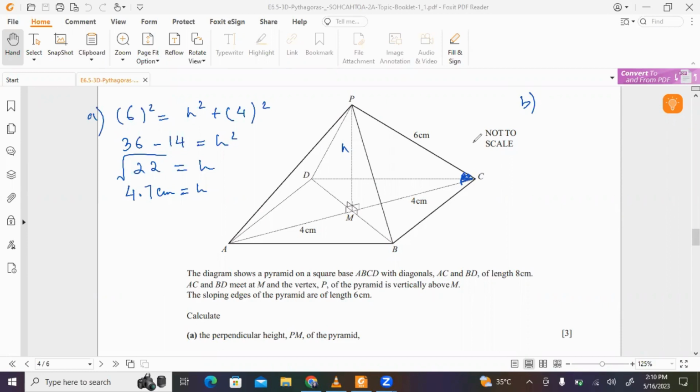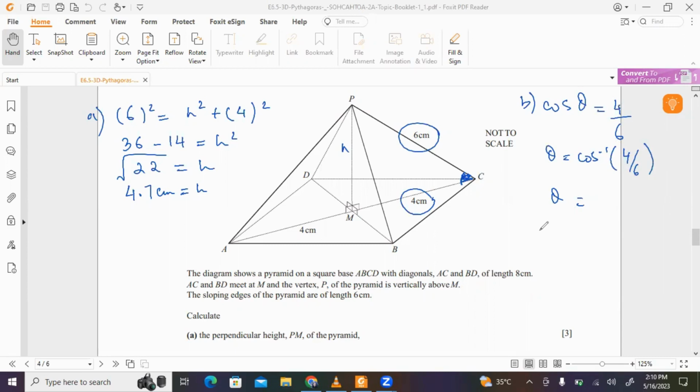In case your part A is incorrect, your part B can still be correct if you're using the right values. So since we have the hypotenuse and the adjacent, we can use cos. Cos theta equals 4 over 6. Theta equals cos inverse of 4 by 6. Plug this in the calculator.